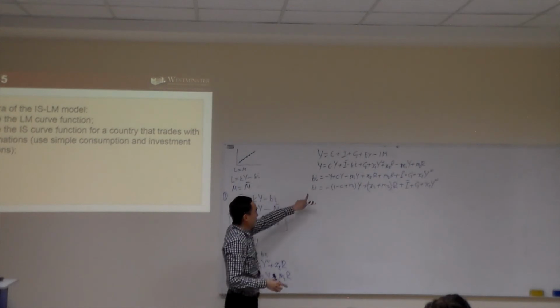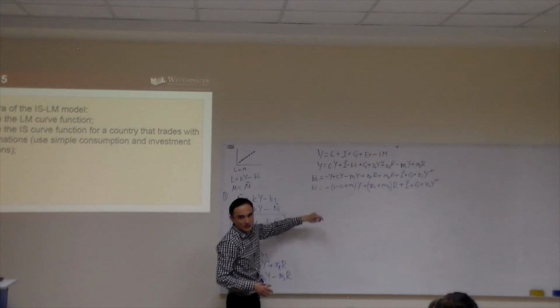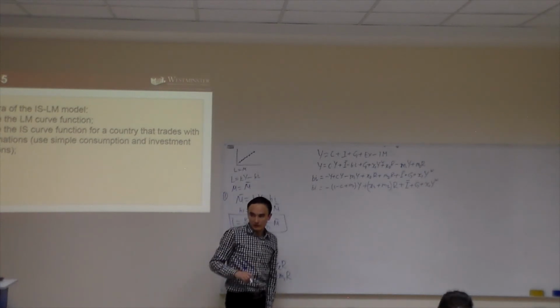So now if I divide both sides by B, then it's going to give us the IS curve function.